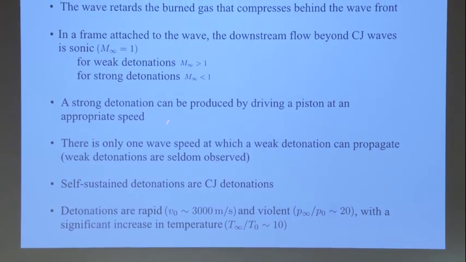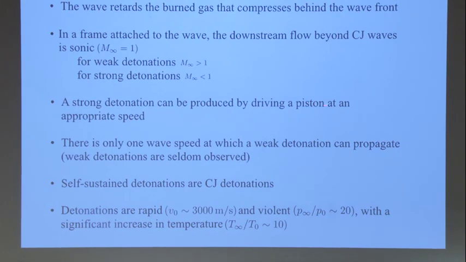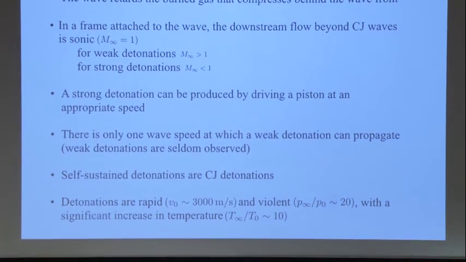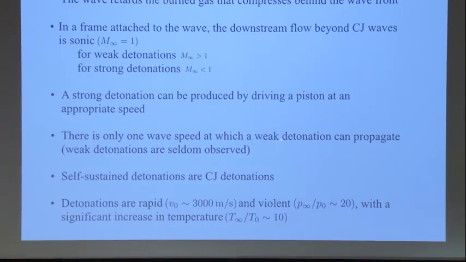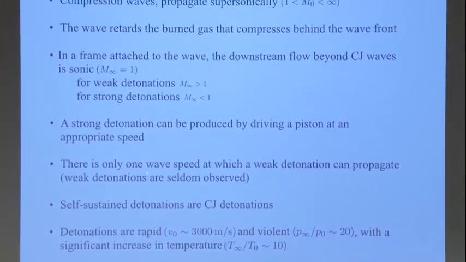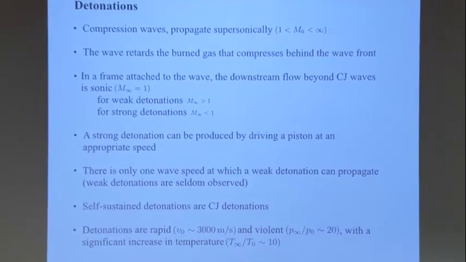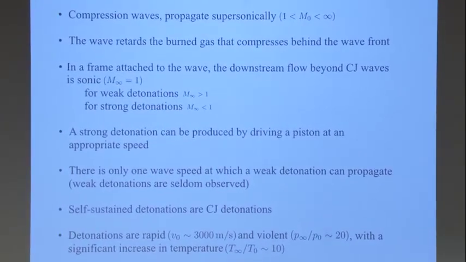A strong detonation can be produced by driving a piston at an appropriate speed, whereas for the weak detonation, there is only one wave speed. In other words, you can produce strong detonation at any speed that you want, depending on how you drive them. On the other hand, there is only one wave speed for which a weak detonation can propagate, but weak detonations are really seldom observed.